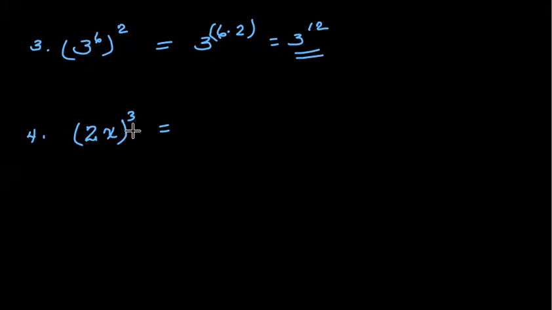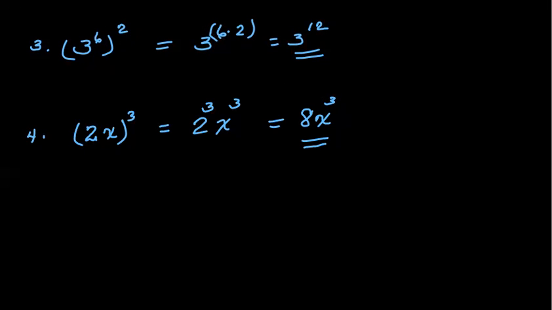So that means we have 2 to the 3rd power multiplied by x to the 3rd power. We won't leave it like this because we know what 2 to the 3rd power is: 2 times 2 times 2, which is 8. So this is 8x cubed. That is your answer, 8x cubed.